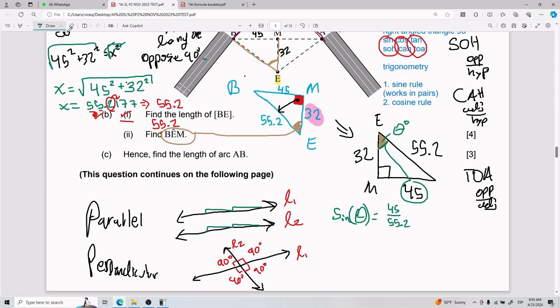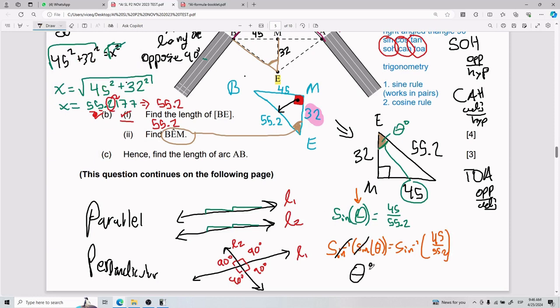And from here, to get this theta alone, you need to get rid of the sine. And so what's the opposite of sine? Sine inverse. So if you do sine inverse to both sides, which is the same as dividing by 2, it's just something you need to do to both sides, you end up with only theta.